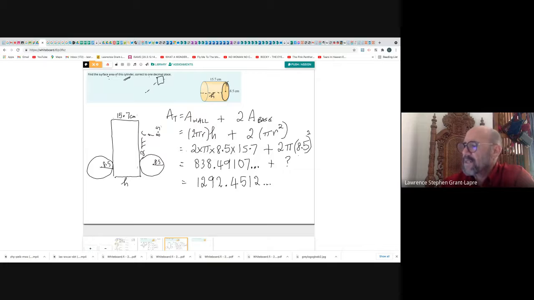Now, one decimal place, so approximately 1,292.5 square centimeters, because it's square centimeters, 1 decimal place. So the total area is approximately 1,292.5 square centimeters. Let's just check that answer.